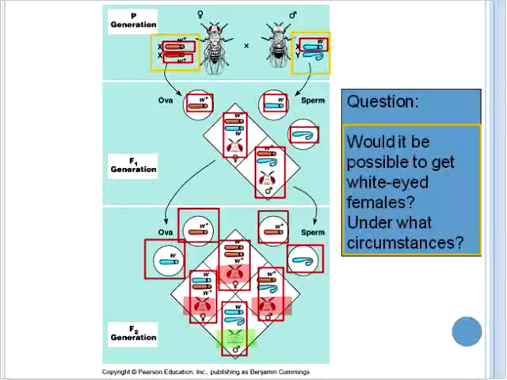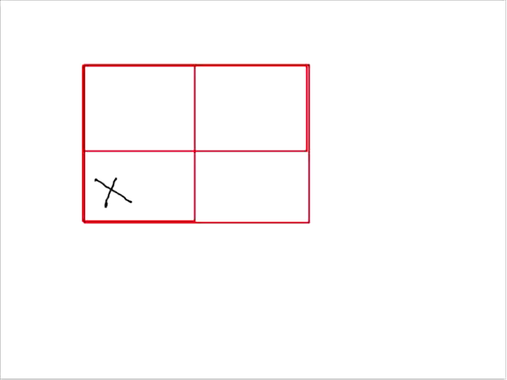To get a white-eyed female, the cross would have to be as follows. Remember, a white-eyed female would be X little r, X little r, where big R represents red, little r white.